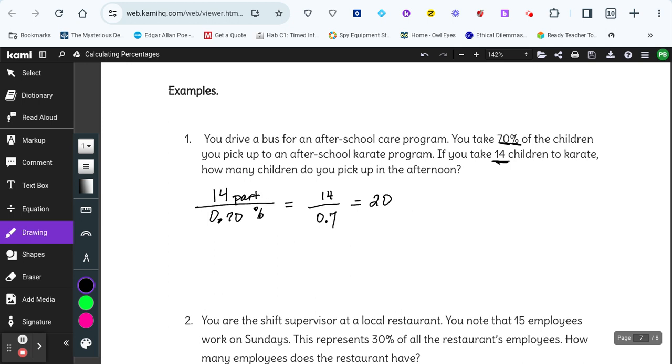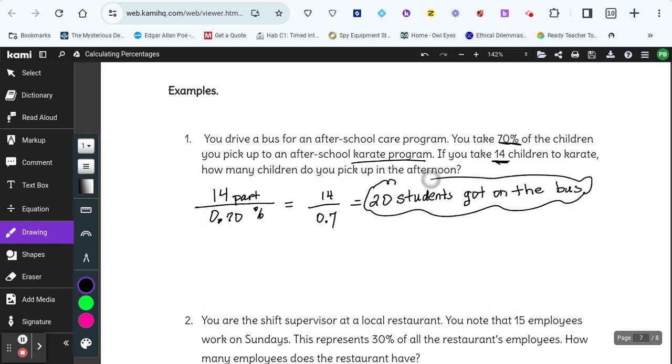So it's telling me that although 14 children were dropped off at the karate program, 20 students got on the bus. Okay? So 20 students got on the bus.